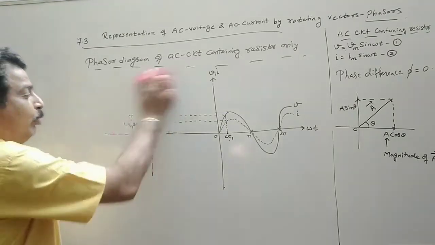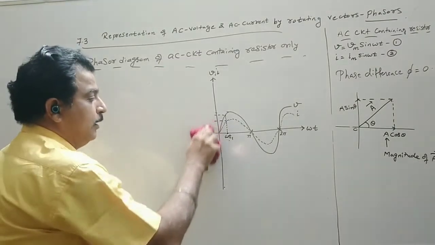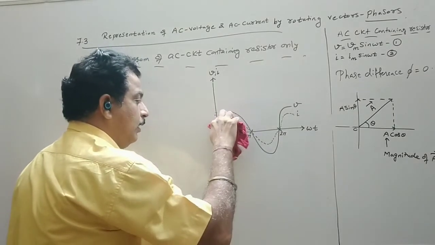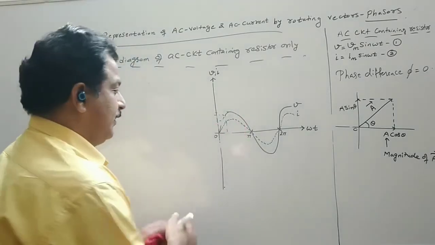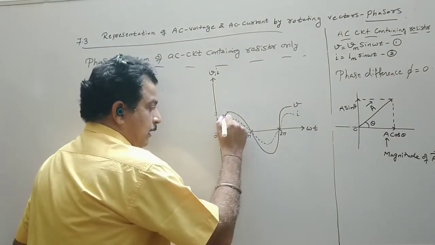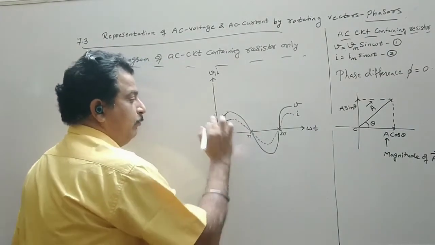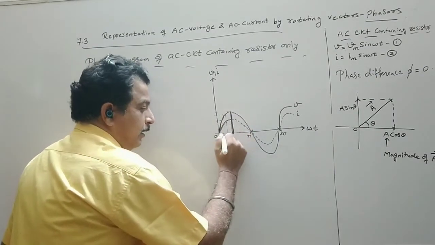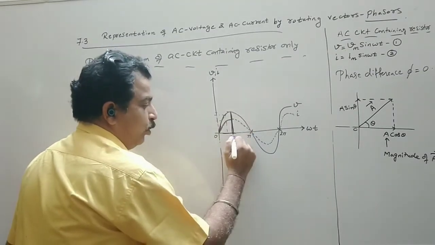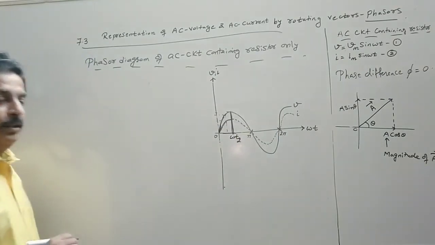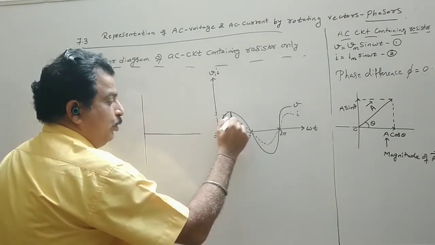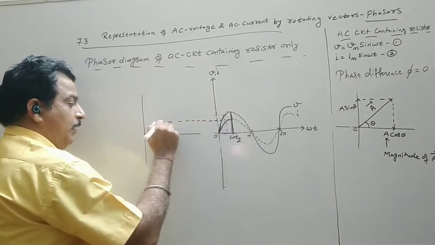Suppose I want to draw the phasor diagram at this instant. So this is say omega t2. What you have to do is drop a perpendicular.